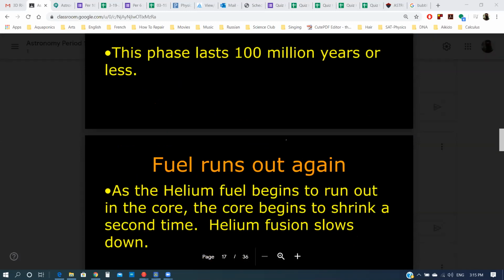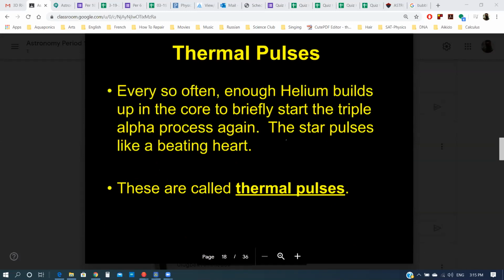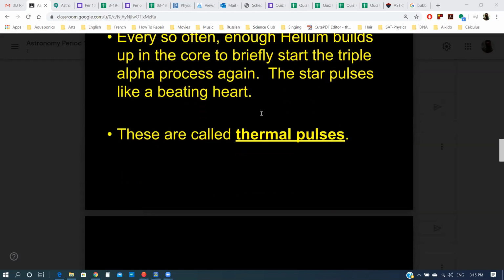Eventually helium will run out. Hydrogen is still available, but the temperature and pressure are not high enough to continue fusing hydrogen into helium.